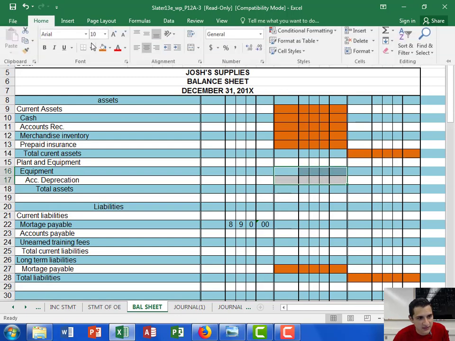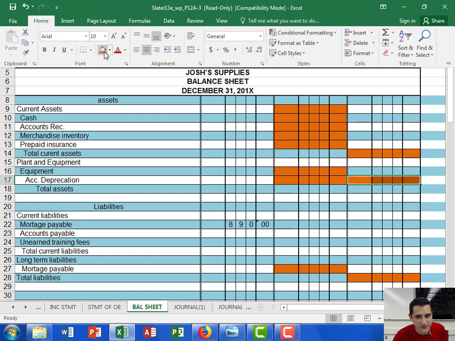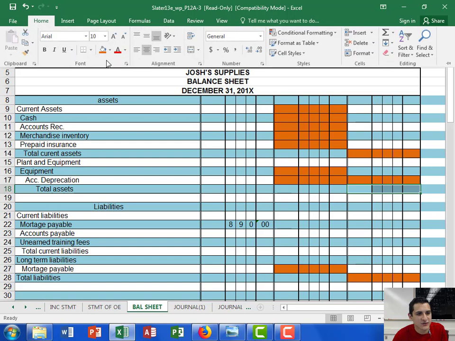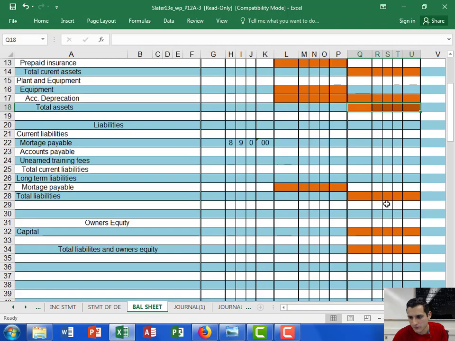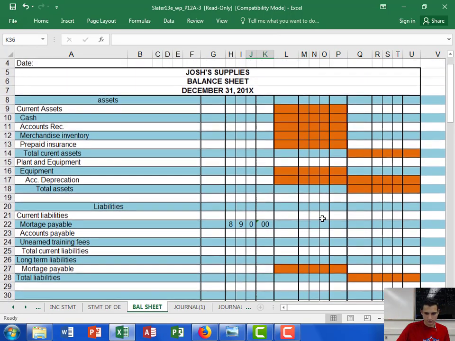So your equipment and depreciation will take a calculation here to then be total asset from, so here this will be your final number between your two numbers here of equipment and depreciation. You're going to add this number and this number to get your final total asset. That should balance out to your last number at the very bottom right here, okay? And that should be it. Good luck, and may the accounting forces be with you.